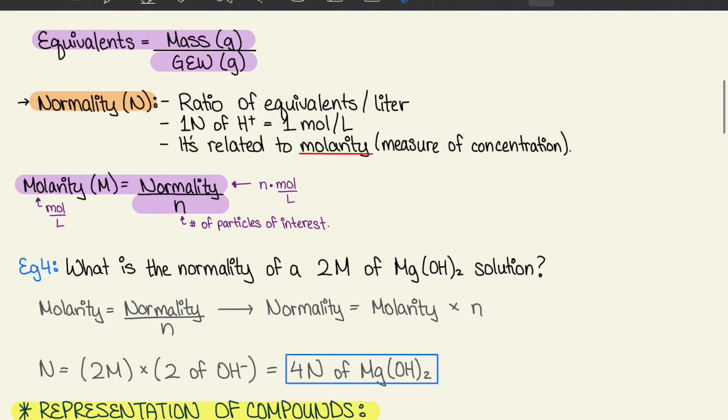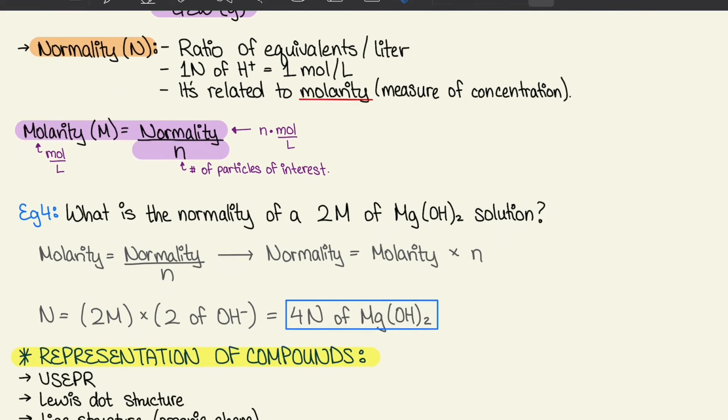So the molarity, which is a capital M, and that's moles per liter, that's the units, will equal normality, which is N, times moles per liter, and N is equal to the number of particles of interest. And that's the equation for figuring out normality and molarity. Just know that you can rearrange this equation depending on what you're being asked. So just keep this equation in mind.